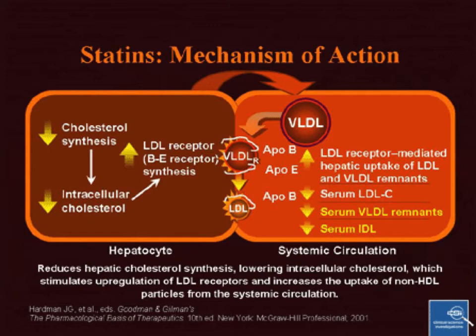This is a systemic circulation. And this is just a cartoon showing what we just mentioned, that it reduces cholesterol synthesis. So lower concentrations of cholesterol in the cell impacts the expression of the LDL receptor so it can clear more. Okay, so it's involved in reducing synthesis of cholesterol and also clearing more out of the plasma.